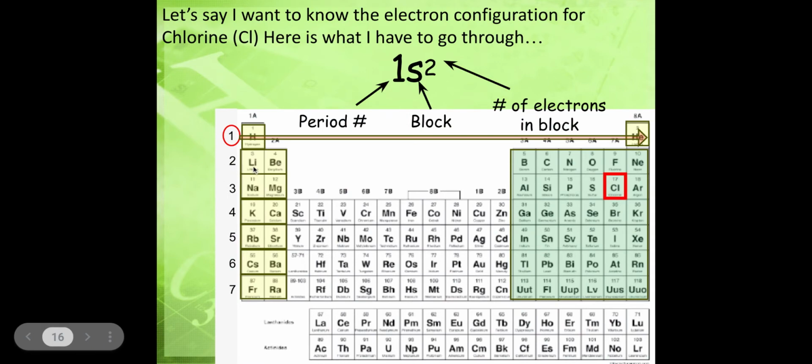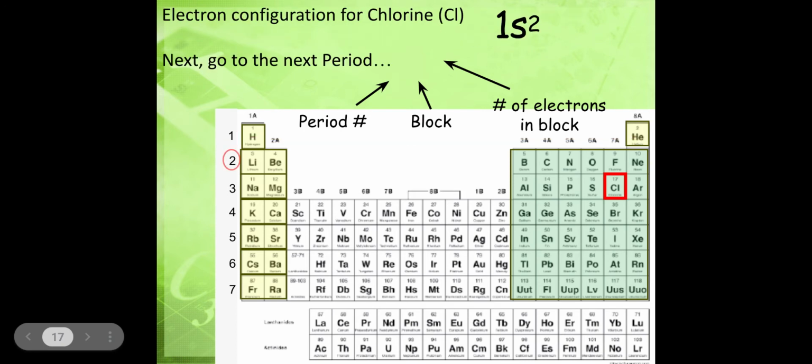Now, one thing you need to pay attention to is that lithium is now a different energy level. So we need to write that different energy level right there. We need to write the 2 right there. And when we pass through lithium, we pass through beryllium, that's two groups right there. So we write the S block, and so we write it as 2s2.